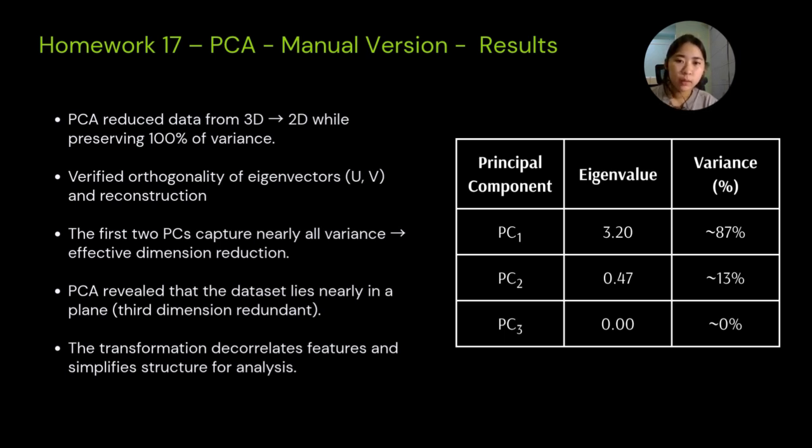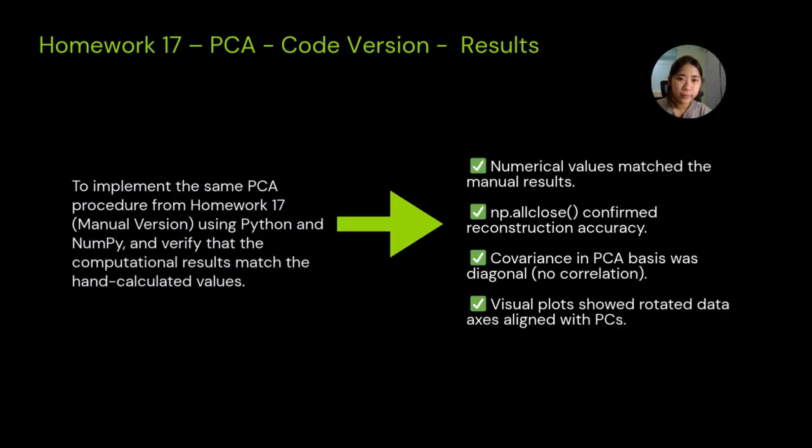We can tell from the plots that the first two PCs capture nearly all the variance, which shows that it's an effective dimension reduction. It also revealed that the dataset lies nearly in a plane, which makes the third dimension redundant, and the transformation relates features and simplifies structures for analysis.